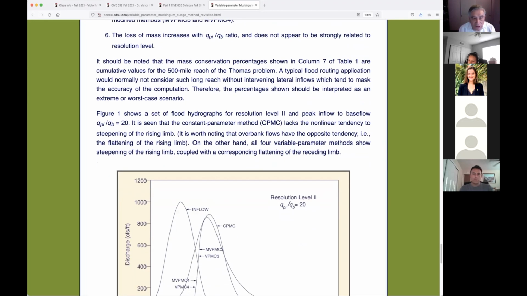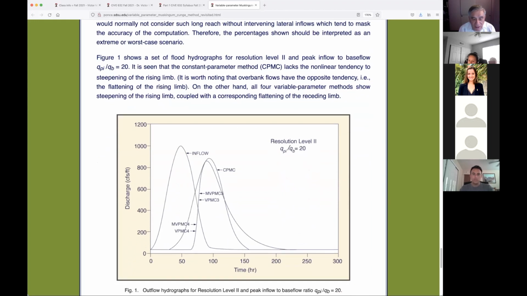Figure 1 showed a set of hydrographs. And look at this in here. The hydrograph for all the methods looked the same. We couldn't plot the difference. It was so close. Okay? In the scale that we were using, the inflow is this sinusoid over here, which is up to 1,000. The outflow for the linear method, the constant parameter Muskingum, is this one, which is a sinusoid too, translated but nevertheless a sinusoid.